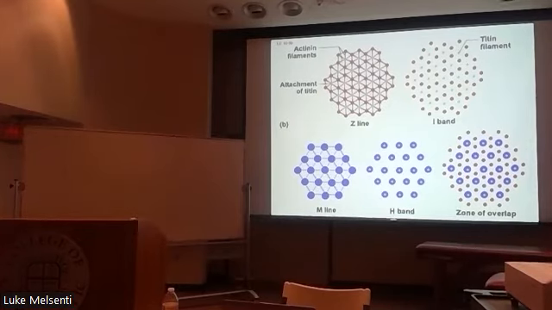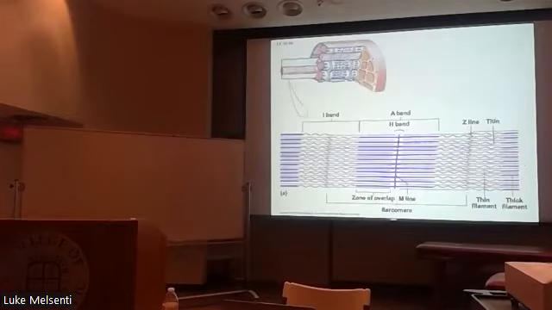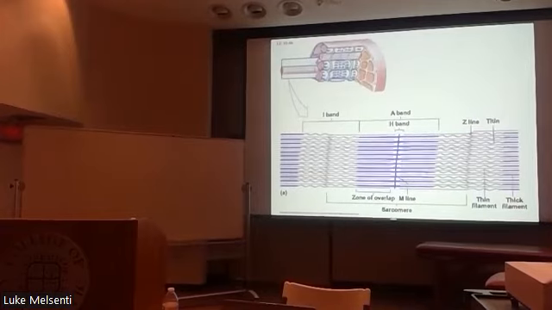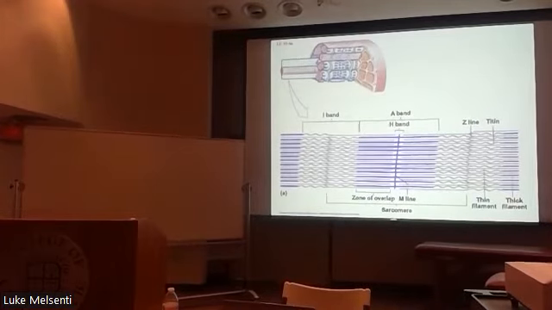What gets smaller is the I band and also the H zone. So this is going to get smaller, and this is going to get smaller because you're pulling this and this, right, together. And then what stays the same always is the A band. Okay? Thank you.